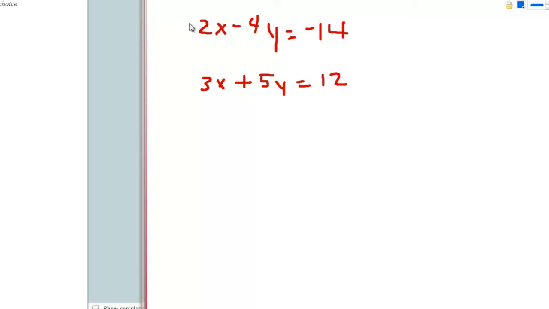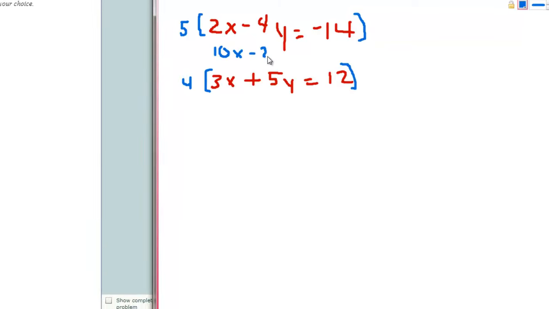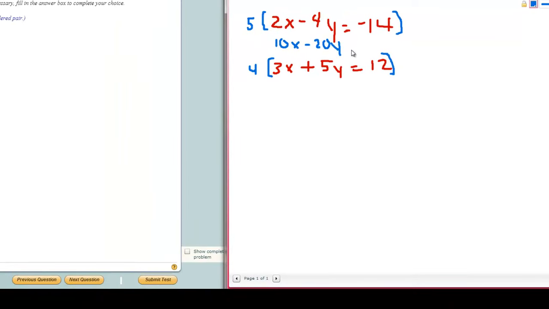To get the 4 and 5 to match, we want them to be 20. So I have to multiply that top equation by 5. Let's multiply the bottom equation by 4. And so the result's going to be 10x minus 20y equals, and one of the big mistakes that students make is they do not multiply the 5 with the negative 14.